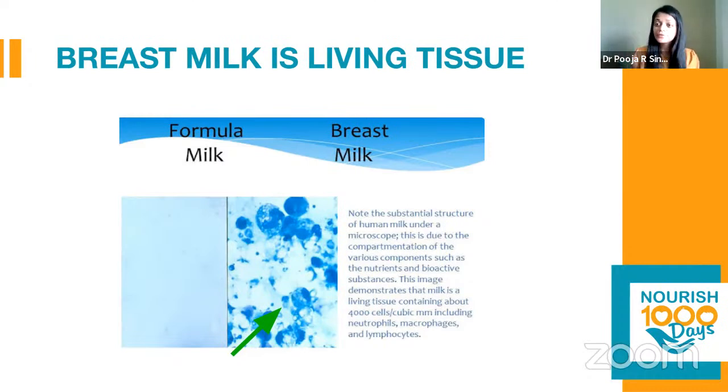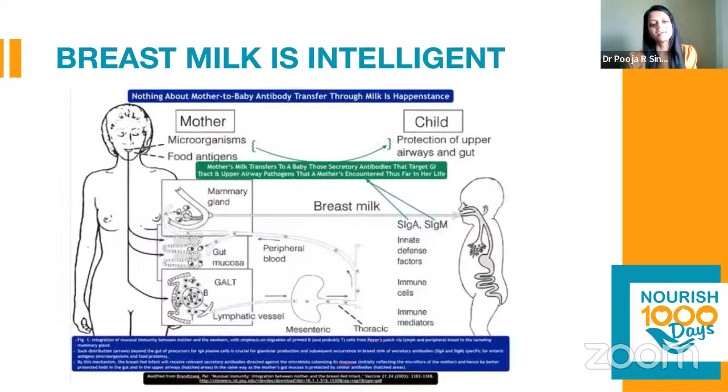These are basically immunity cells, which give us a lot of immunity. In fact, there are stem cells also. So it's absolutely thriving with a lot of nutrients, with lots of bioactive components, as well as lots of healthy microorganisms.